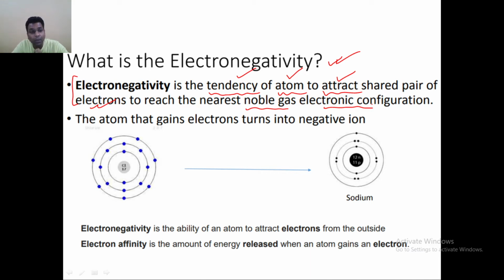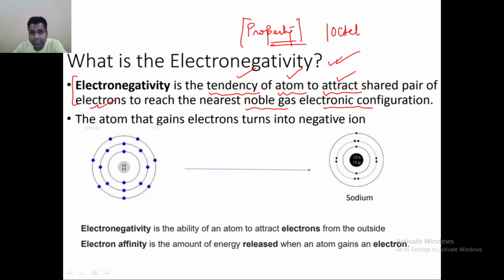So electronegativity is a property by virtue of which, basically an inherent property of any atom, it will attract the electrons whenever there is a chemical reaction or something else, to complete the octet.